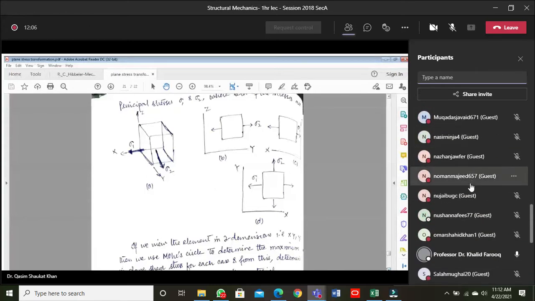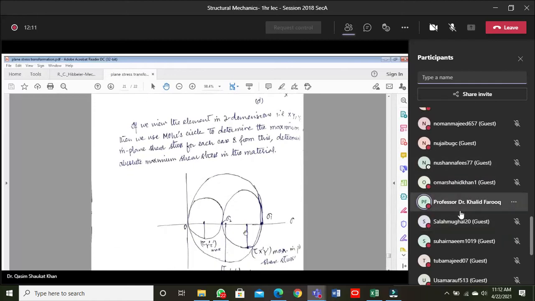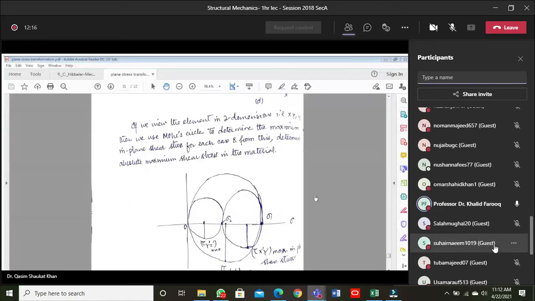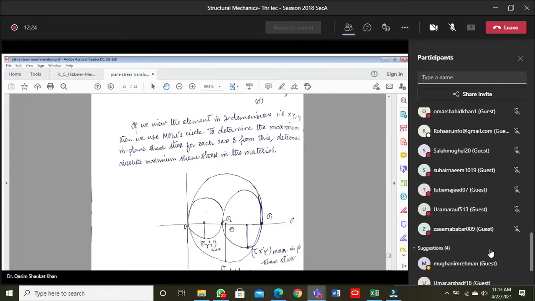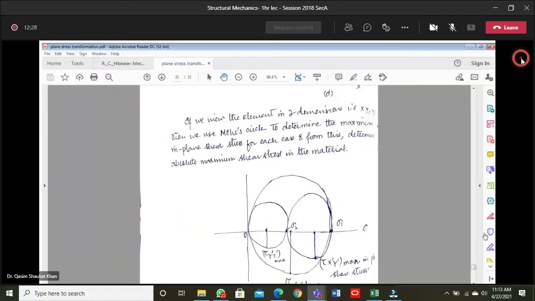So a Mohr circle can be simply drawn here. In this case, you can see 0 represents the normal stress in the z-axis, and this is sigma 2.